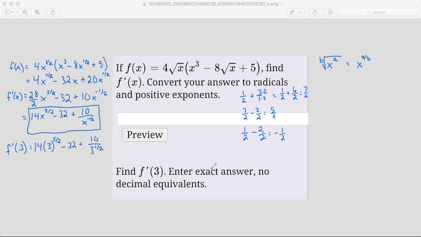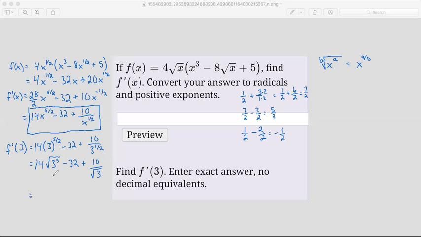So it says to enter an exact answer, no decimal equivalents. So we just want to simplify this down if we can. This would be 14 times the square root of 3 to the power of 5 minus 32 plus 10 over the square root of 3, going back to radical form.